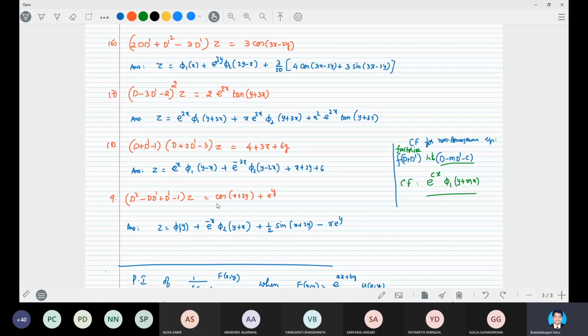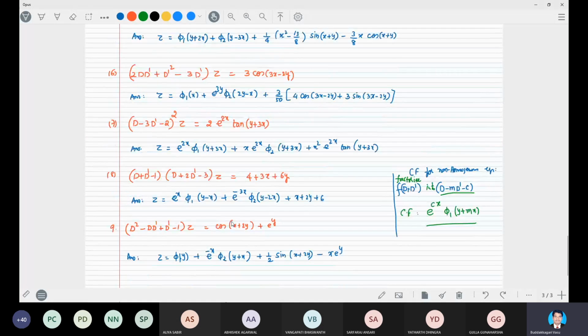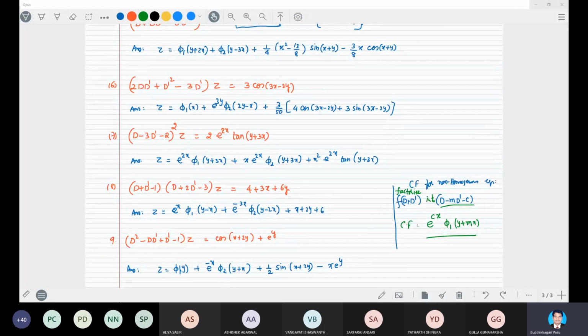Do it in a proper way and verify your answers with the given answers. Okay? Any doubts?